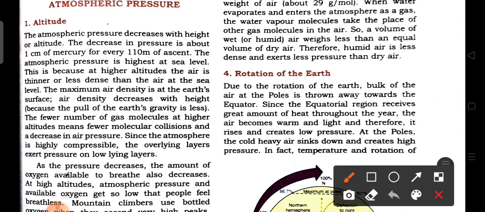As we know, the area which gets the higher temperature has the lower pressure.